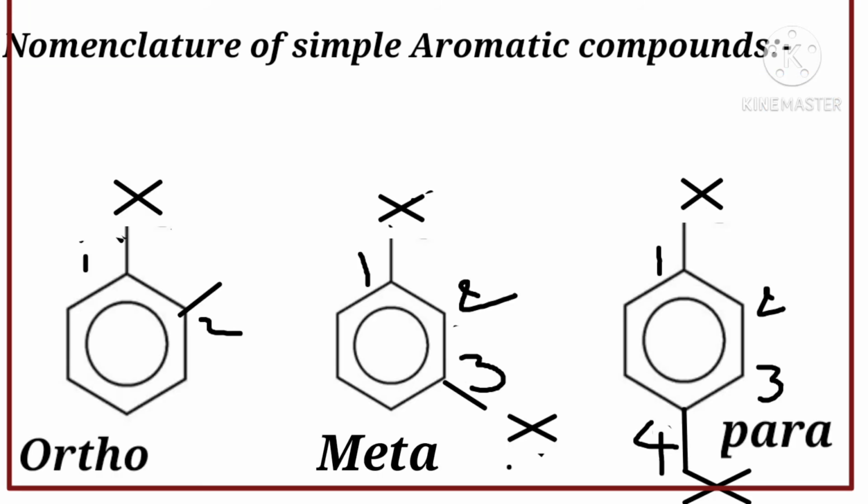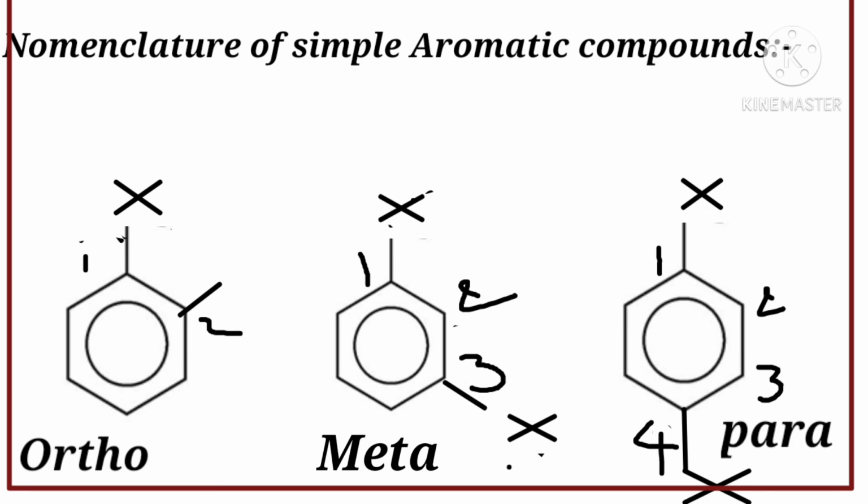Ortho means 1,2, meta means 1,3 positions and para means 1,4 position. That means 1 always represents the functional group and at positions 2, 3, 4, the substituent groups are present.